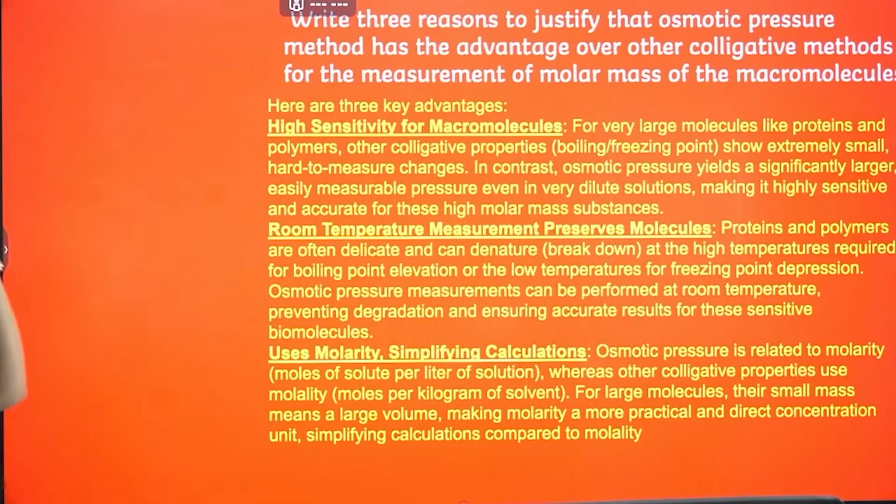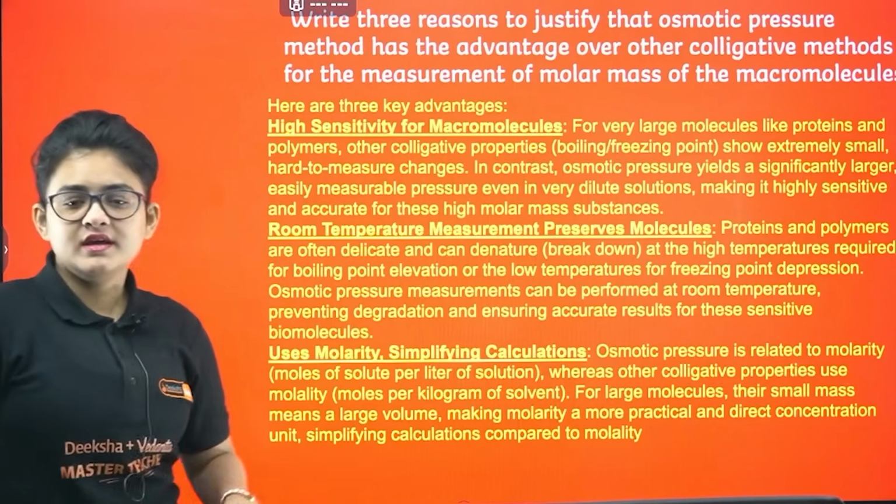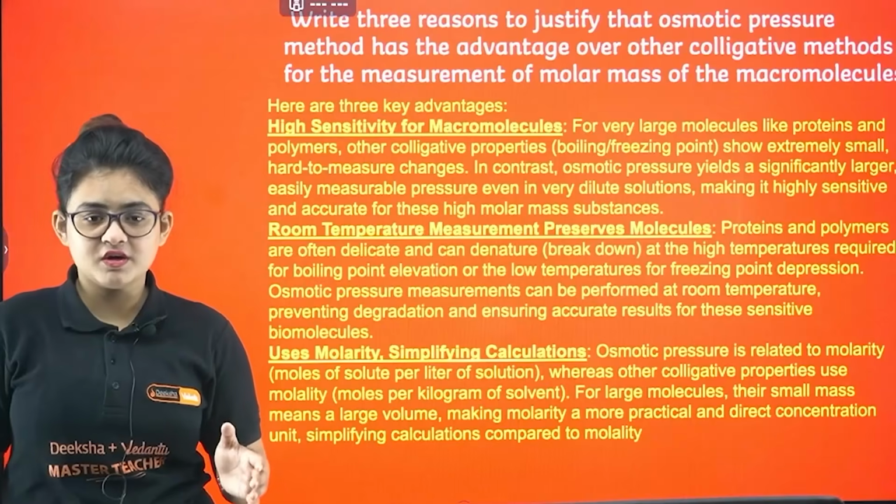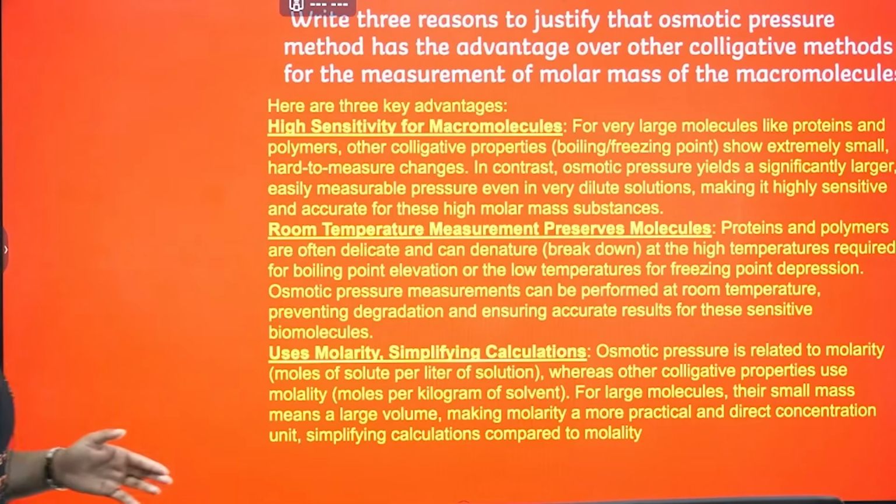Write the reasons to justify the osmotic pressure method. Osmotic pressure method has the advantage over the other colligative methods for the measurement of the molar mass of macromolecules. So here come three different reasons. You can see, high sensitivity for macromolecules.